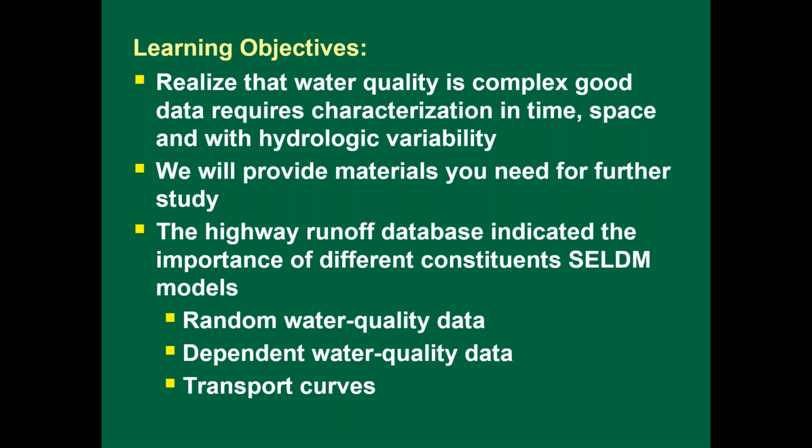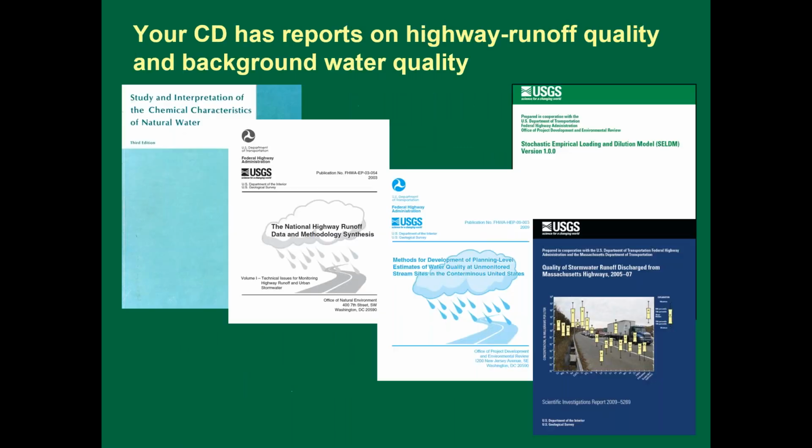The SELDM webpage provides the material you need for further study, and the highway runoff database indicated the importance of different constituents in SELDM models. SELDM simulates water quality by using random water quality, dependent water quality, and transport curves. For the highway, you just have random or dependent. For the upstream basin, you get random, dependent, or transport curves.